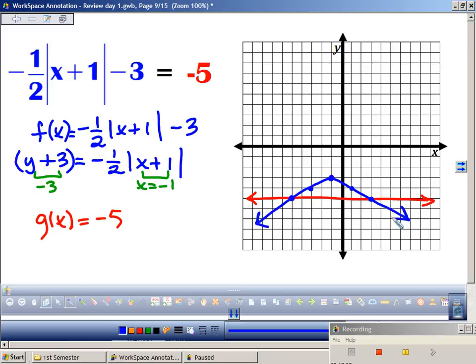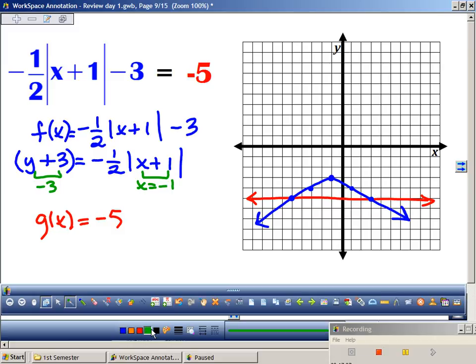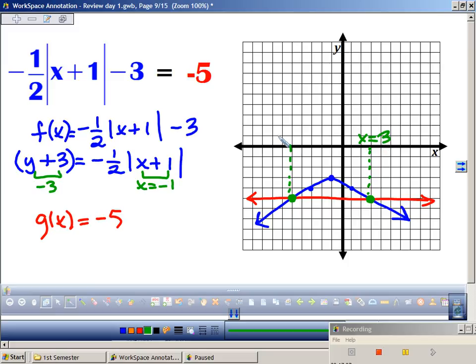My solution is where they meet, and where they meet is where x equals 3, and where x equals negative 5. Those are my two solutions.